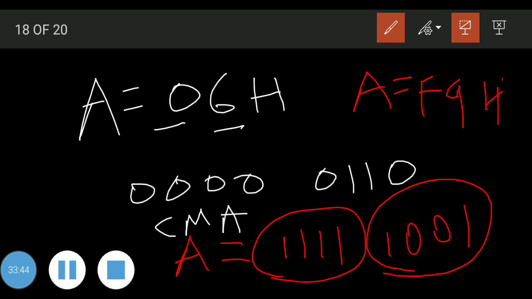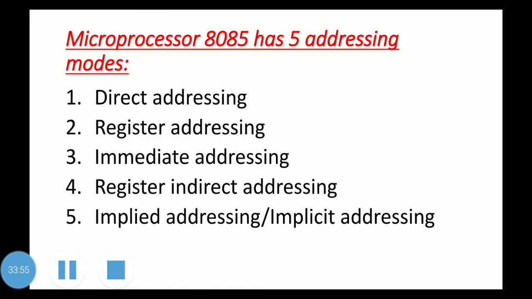Everyone, you have understood what CMA is, what implicit addressing mode is, what implied addressing mode is. In this way we have completed the 5 addressing modes. 8085 has 5 addressing modes: direct addressing mode, register addressing mode, immediate addressing mode, register indirect addressing mode, and implied or implicit addressing mode.